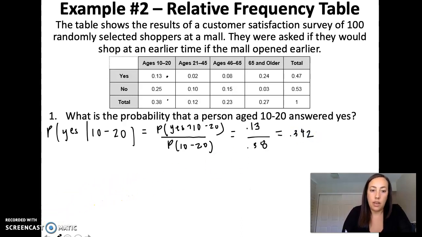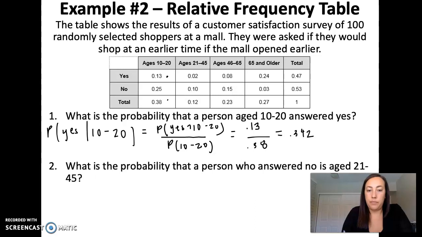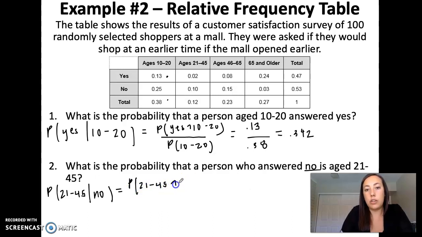All right, next one's similar. What's the probability that a person who answered no is aged 21 to 45? This time we know that they answered no. That's the given information. We're finding the probability that they're 21 to 45 given they answered no. Same formula. On top we'll put 21 to 45 and no, which is this 10% here.